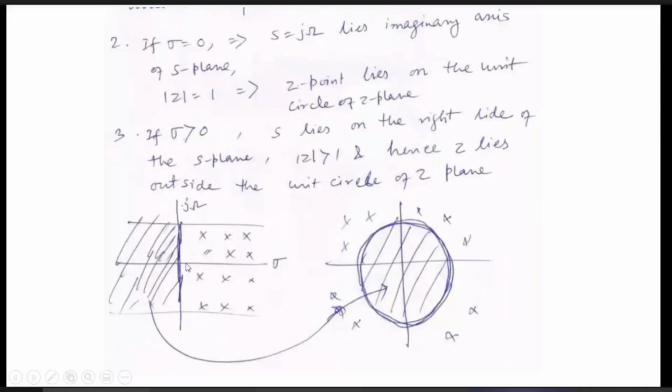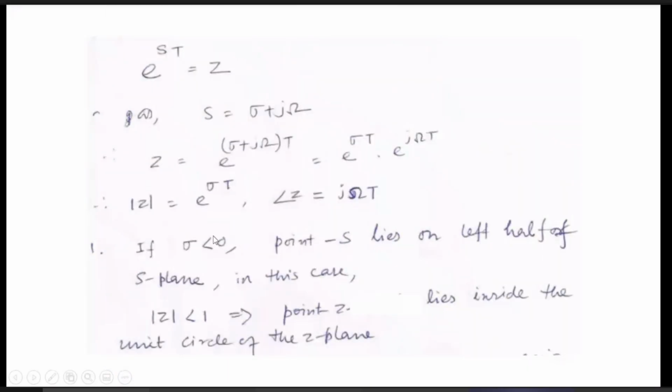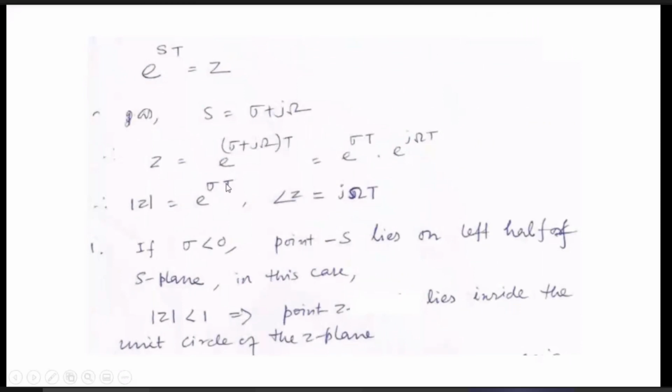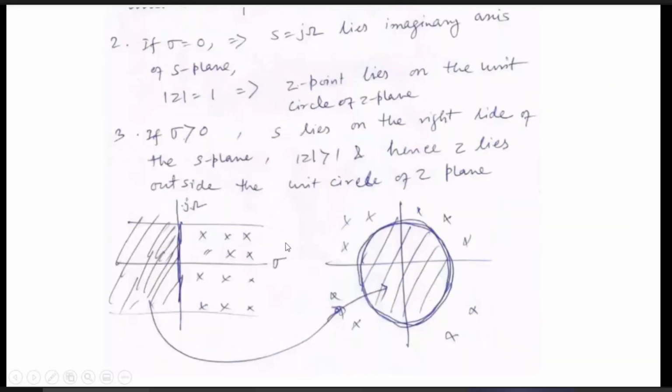So the magnitude is less than 1. So magnitude of z is less than 1 if sigma is less than 0. That corresponds to the points inside the unit circle. This is the unit circle. All the points present in the left half of the S plane are mapped to the area inside the unit circle of the Z plane.